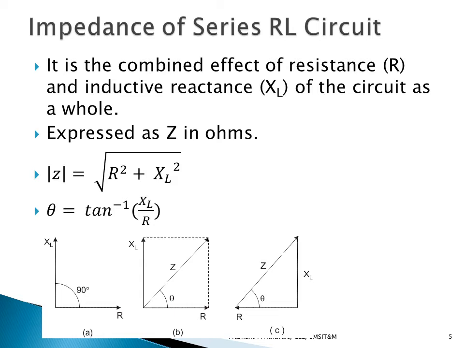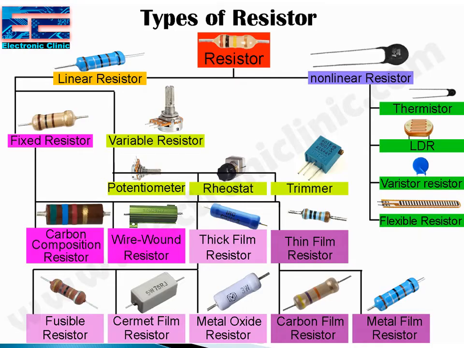Going further, we can see the resistor and the inductor. Before that, I have included one slide wherein types of resistors are shown. There is a linear resistor and non-linear resistor. There are non-linear resistors like a thermistor, an LDR, light dependent resistor, varistor, flexible resistor, and so on.